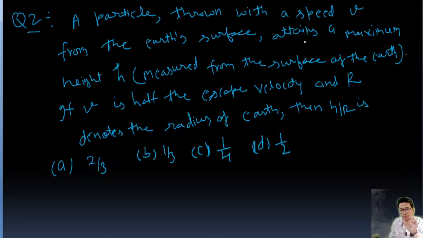If v is half of the escape velocity, and R denotes the radius of earth, then you need to find out h upon R. So I'll solve it now.